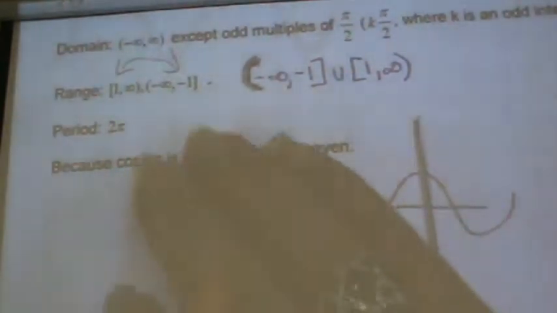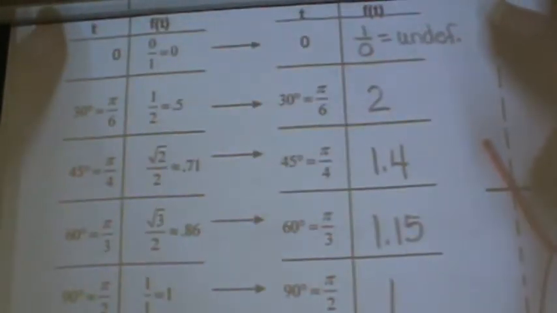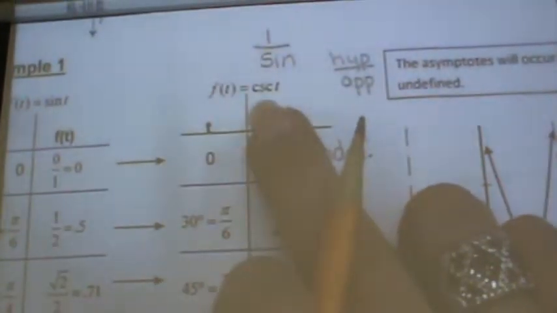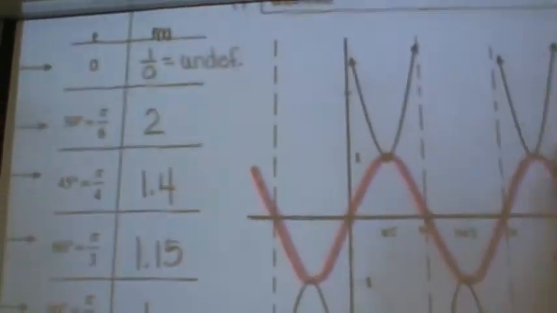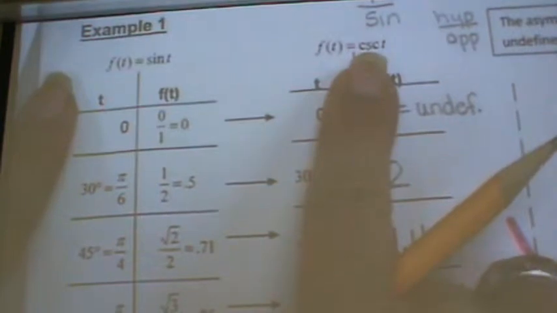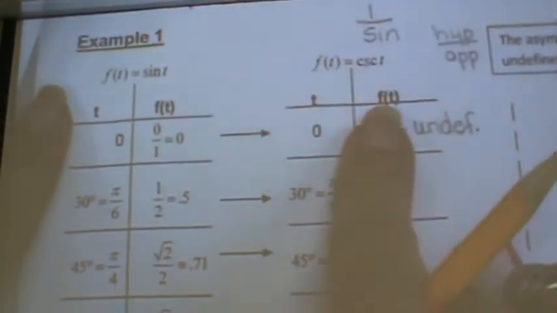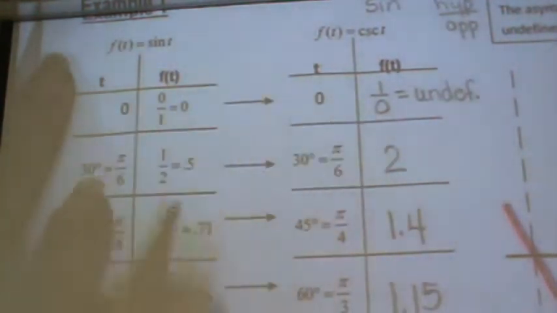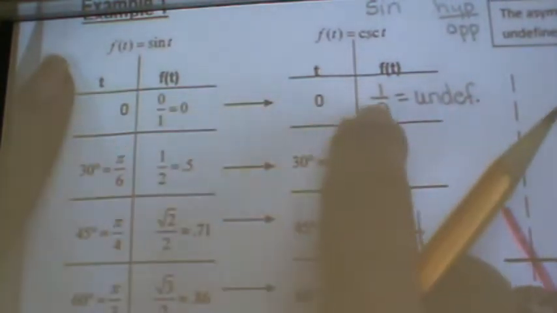So all this information here is the history of why the cosecant and secant look the way they look. This is the background. You have to understand the relationship between sine and cosecant. All it is is 1 over sine. So where you get these numbers from is, instead of it being y over r, it's r over y.